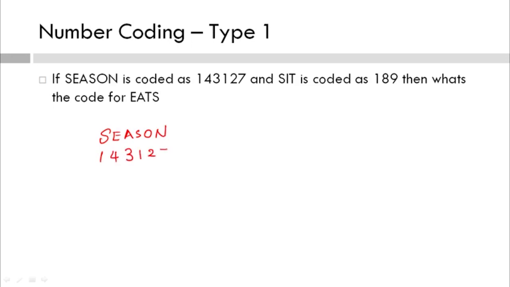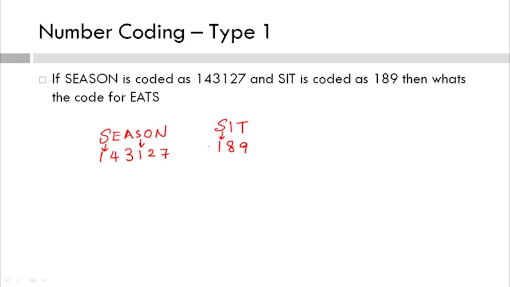I have used some numbers to form the code here. Similarly, SIT is coded as 189. One thing that I notice here is wherever I am seeing the letter S, the code that has been used for the letter S is 1. Correct? Here also there is the letter S, and the code that I have used for S is 1.